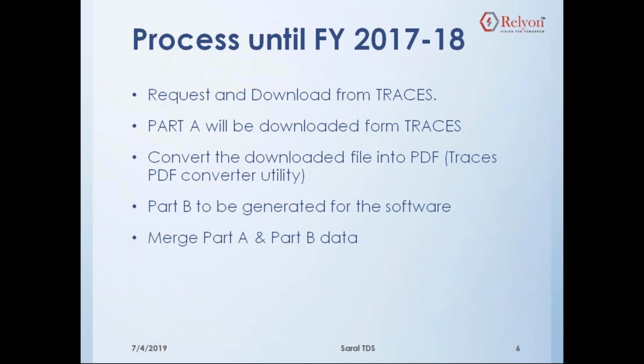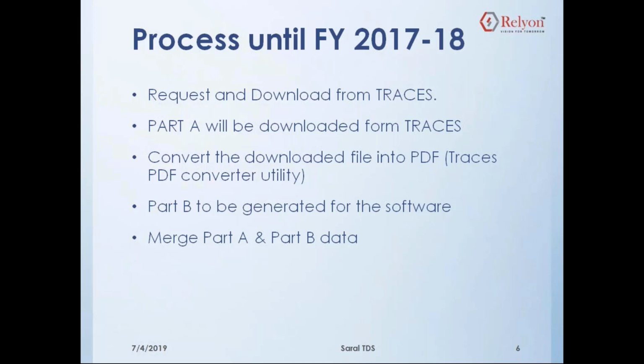I used to come to traces. I used to request for form 16, and the first screen what used to show is responsible person details, whether he or she is a responsible person, and you want the same details to be printed in your form 16, then click on submit.